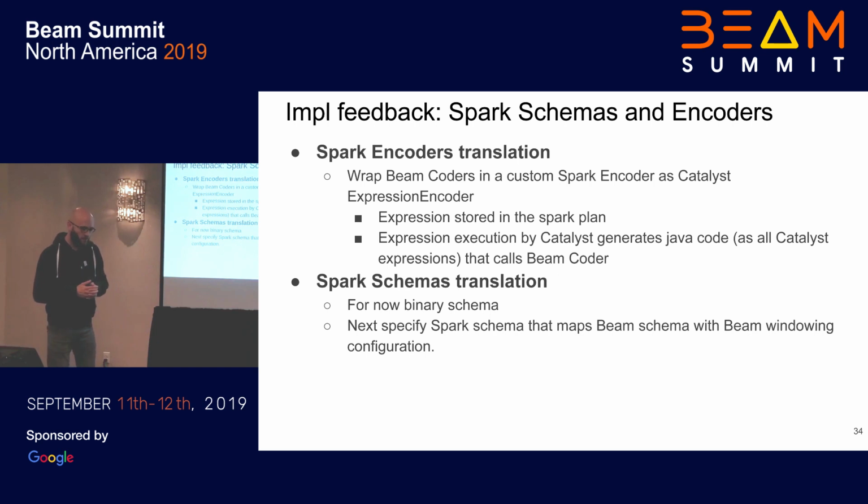But that is quite tricky because a Spark encoder is a Catalyst expression. That's why I gave the introduction on the SQL Catalyst optimizer. And this Catalyst expression contains Java code. And this Java code, when Catalyst runs, it generates it, and this is the code that calls the Beam coder. That's pretty simple.